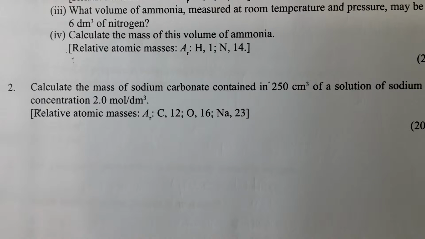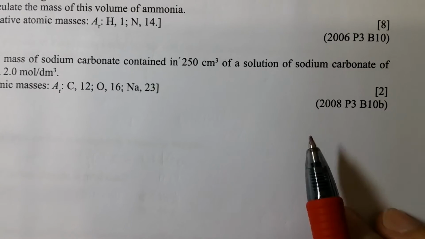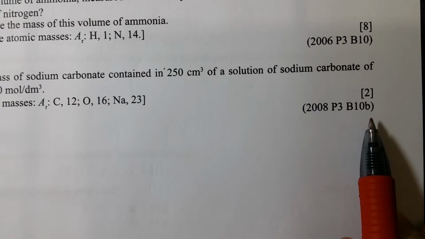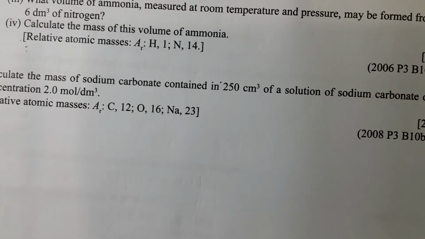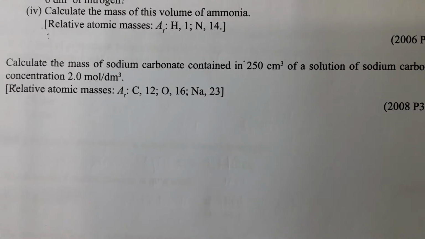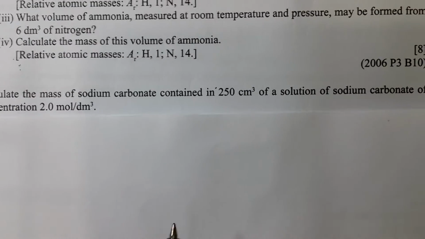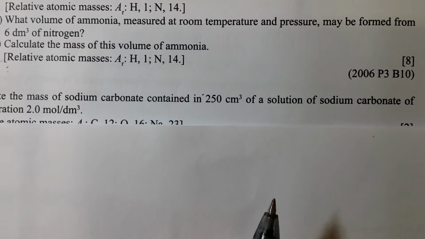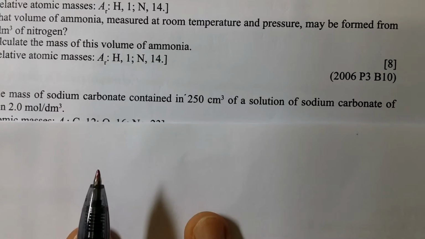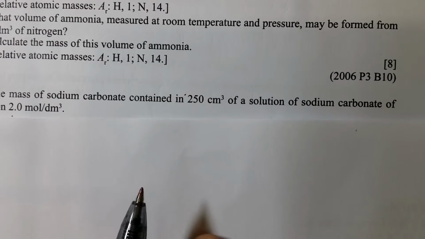Okay, for number 2, this question is from 2008 paper 3 B10B. Calculate the mass of sodium carbonate contained in 250 cm cube of a solution of sodium carbonate with concentration of 2 mole per dm cube.